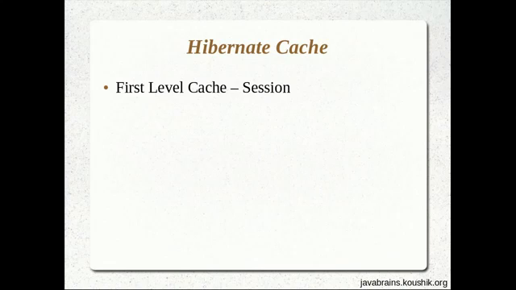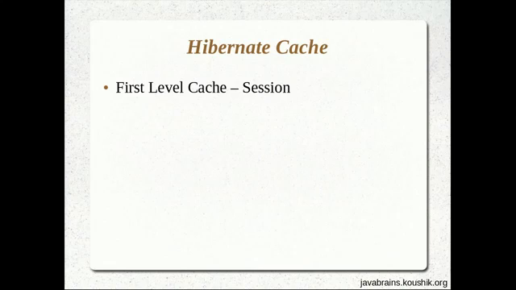So whatever caching happens in the session will not be there for a long time. If you're accessing data that you had accessed in an earlier session, you would have to query the database if the session is already closed. So you would want another level of cache that goes beyond sessions.